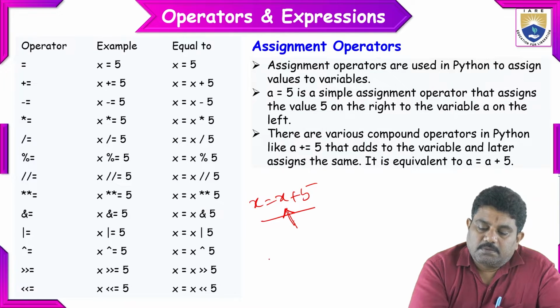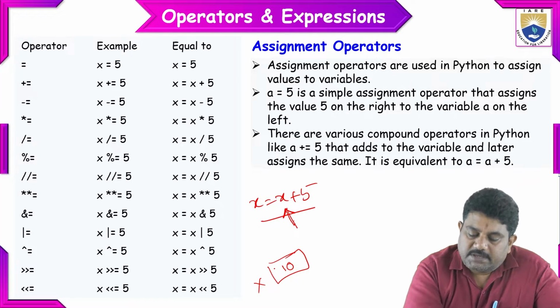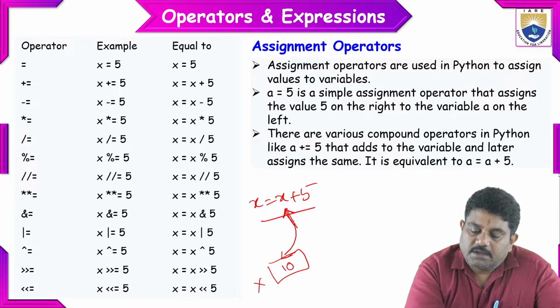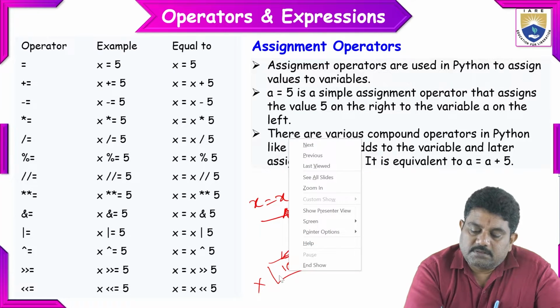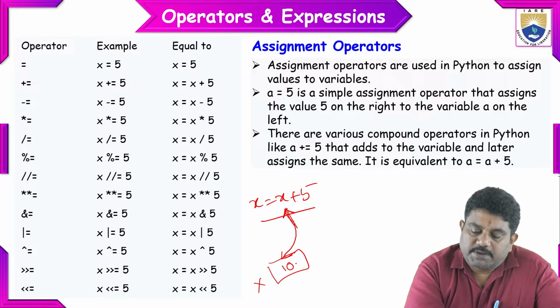Okay, for example, in memory, this is the location x. In this x, we have already value 10. First, while executing this x has to be identified in the memory, and then again, this value has to be read. This 5 has to be added to this 10, 15. Okay, and when this part is over, again here equal to is there.